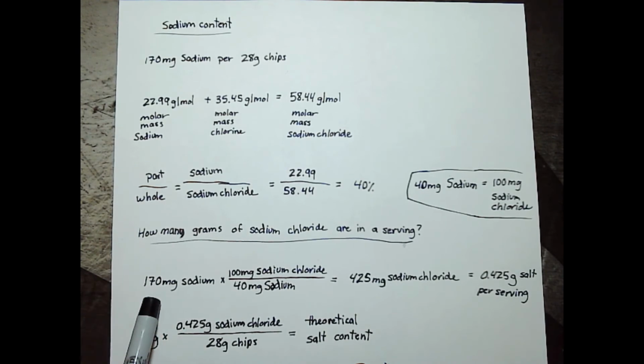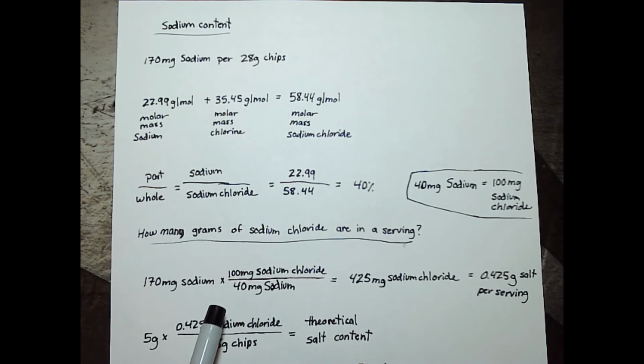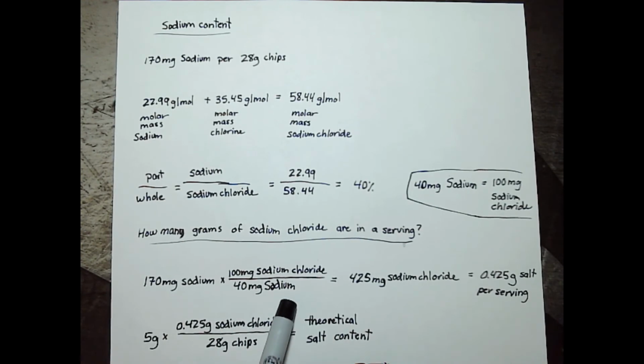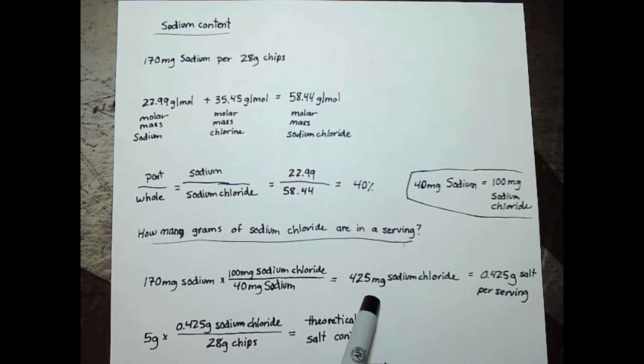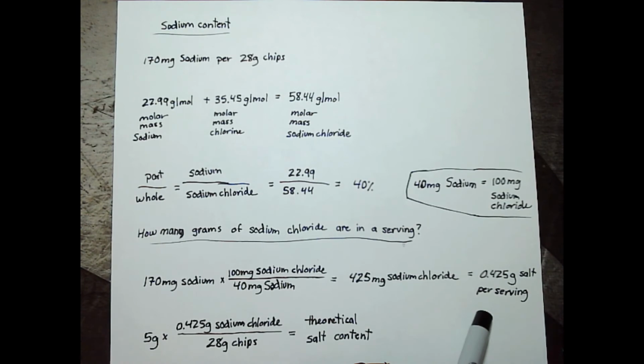Then we multiply that by the conversion factor, making sure that the milligrams of sodium cancel with the milligrams of sodium. We end up with 425 milligrams of sodium chloride, or if we convert that to grams, 0.425 grams of salt per serving.